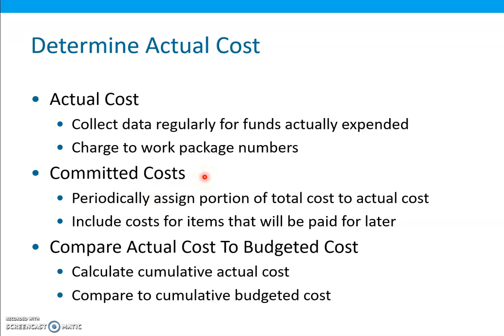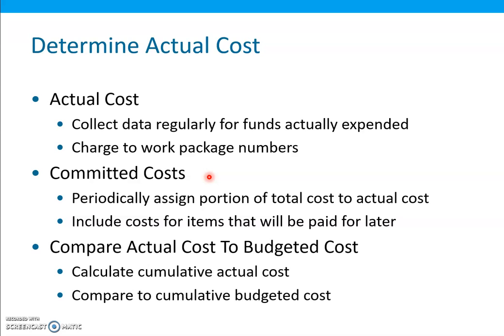Committed costs. In many projects, large dollar amounts are expended for materials or services, subcontractors, consultants that are used over a period of time longer than one cost reporting period. So these committed costs need to be treated in a special way, so the system periodically assigns a portion of their total cost to actual cost.